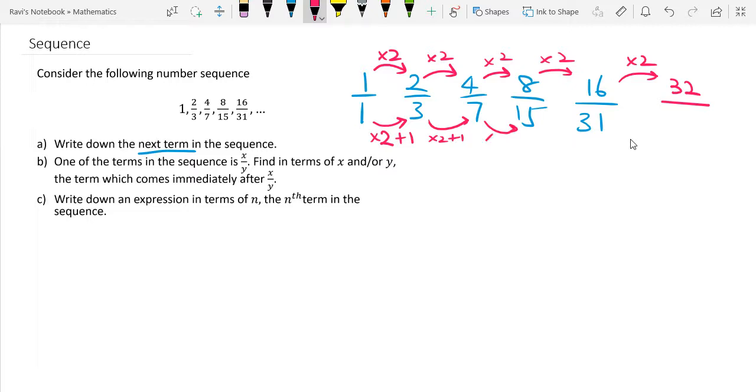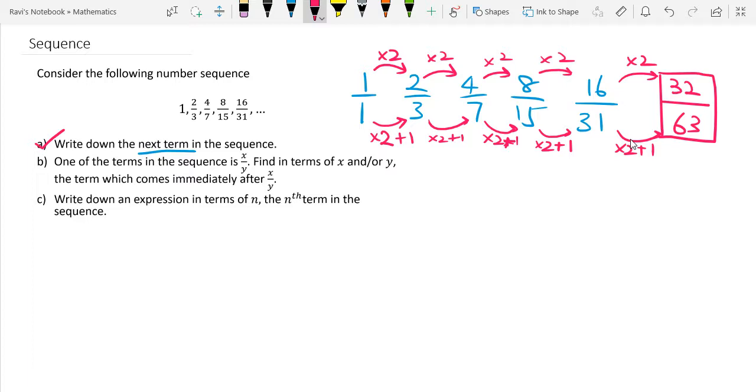So we observe that the relationship is consistent, and it will continue to hold true for the next number in the sequence. So we will get 63 in the denominator. That gives us the answer for part A, the next term in the sequence.